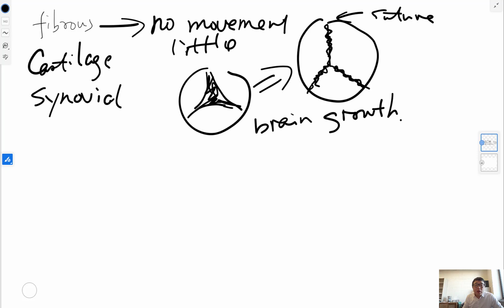What is suture fusion? Along with aging, this suture becomes smaller and smaller, and eventually these two bones close to each other. This is called suture closure or suture fusion.